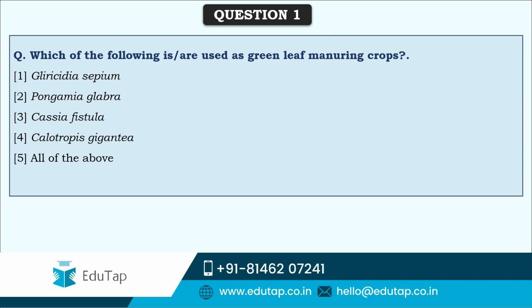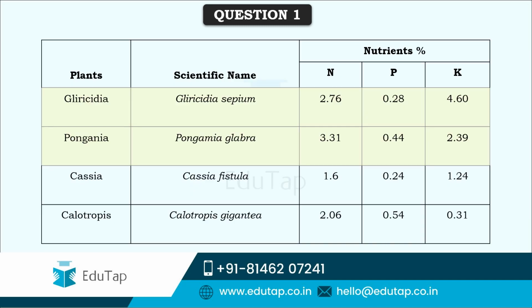So now let's start with the session, and the first question says which of the following is or are used as green leaf manuring crops. And here Glyricidia sepium, Pongamia glabra, Cassia fistula, Calotropis gigantea, all these are or can be used as green leaf manuring crops, wherein Glyricidia sepium has a nitrogen content of 2.76%, phosphorus 0.28 and potassium 4.6.